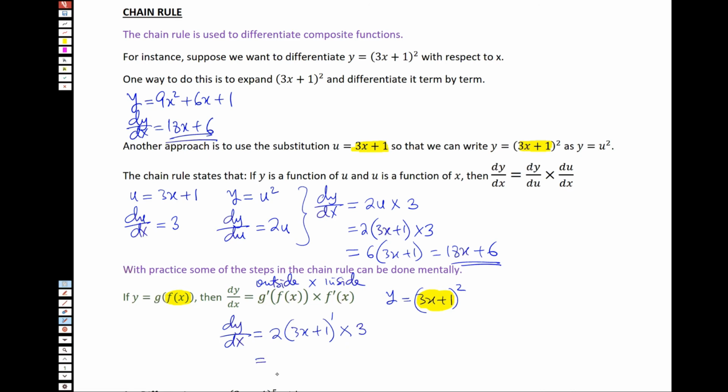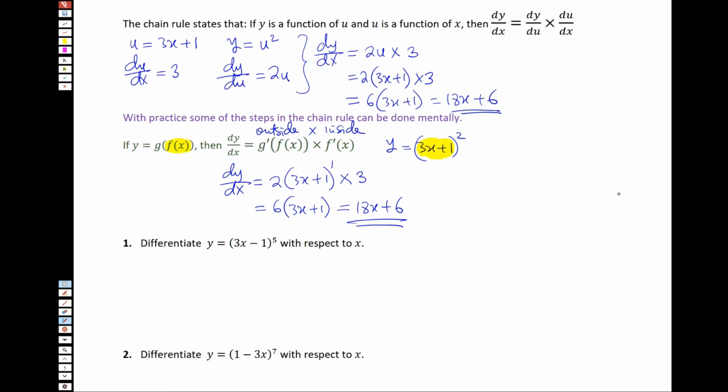And then you just finish it off. So that will be 6 into (3x plus 1), which will be equal to 18x plus 6. Yeah, and you can see in each case we end up with the same result. So depending on the nature of the question, chain rule applies especially if you have a composite function. You can have different types of composite functions, as we'll discover later on.